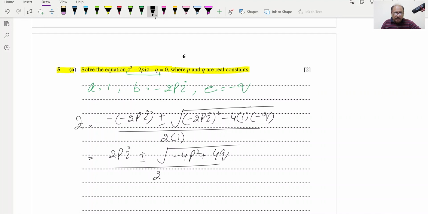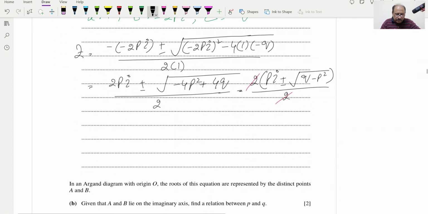So we get this, and now we can take 2 common from the numerator, so inside will be p iota plus minus the square root of minus p square plus q, or we can write q minus p squared, and the denominator will be 2, and we can cancel this 2, and our equation will shrink to z is equal to p iota plus minus the square root of q minus p squared.